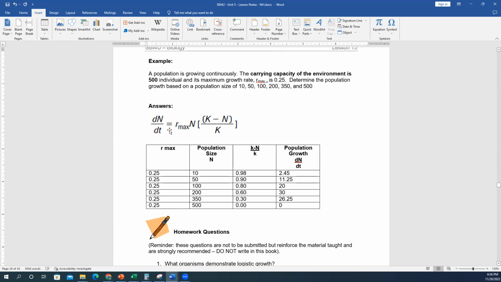So we can use our equation and set up this table. We know the value of R max. We have been given the population size N, which can be 10, 50, 100, 200, 350, or 500. And from this relationship and the value of R max, we can calculate dN over dt, the population growth.